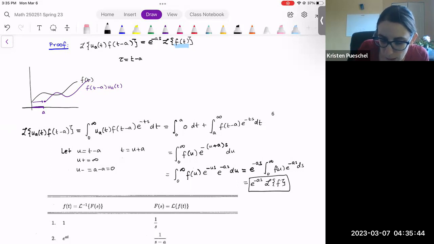And so then our formula looks like f of tau, and then this becomes f of tau plus a. Okay. And so that gives us our other version.